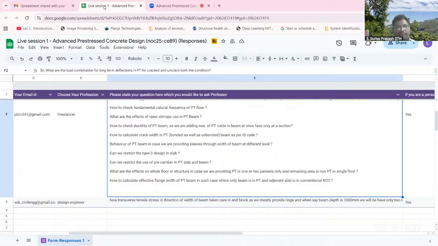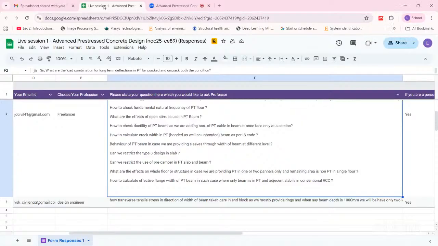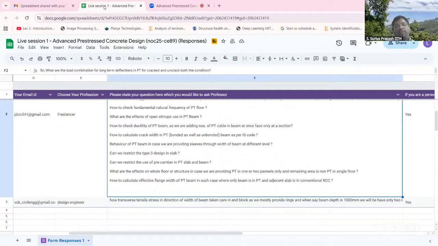We have seen that if you're not careful and your PT force is very high, it can lead to cracking in the columns, which most of the time engineers don't take into account. Yes, exactly. At least we have to ensure that the force is distributed over a larger region so that it's not going to adversely affect the performance.